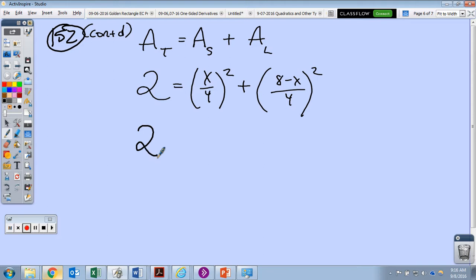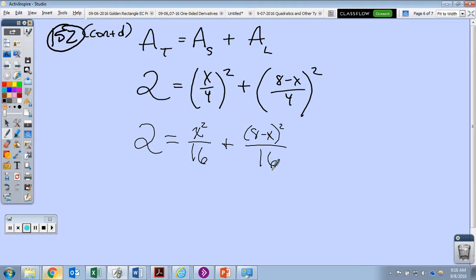So 2 equals, if I square this, what do I have? x squared over 16. And if I square this, we'll leave it as 8 minus x, squared over 16.